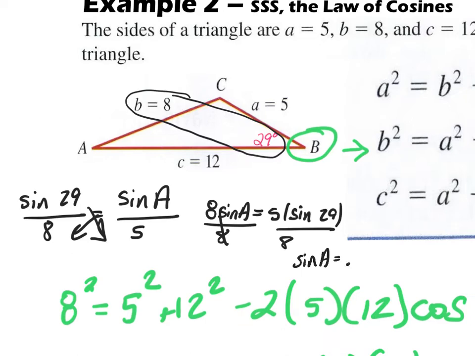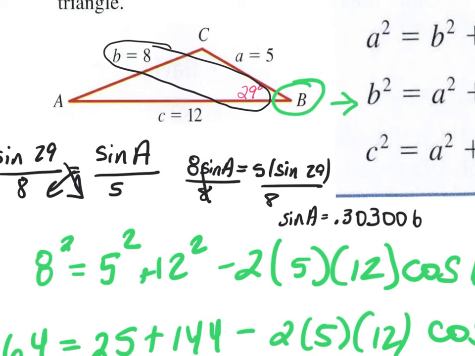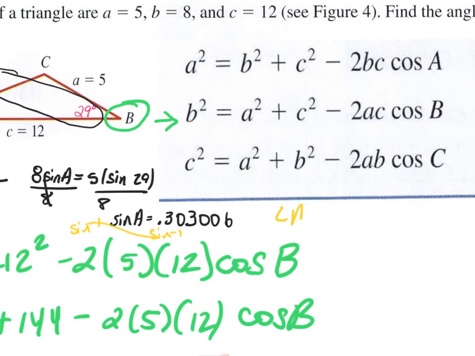I got 0.303006 and so on. I don't want the sine, I want the arc sine. I'm going to do arc sine on both sides. So I get that angle A is about 17.6 degrees. Anybody else do that and get that?